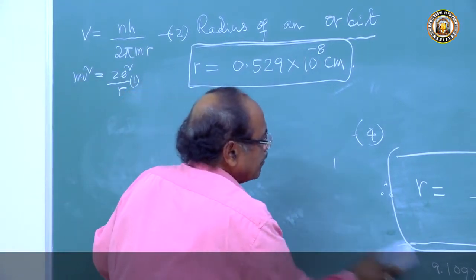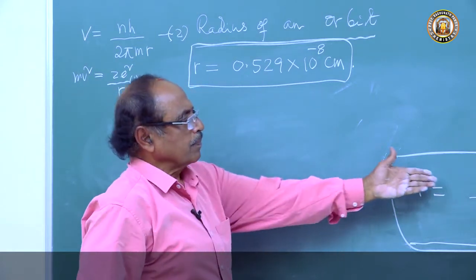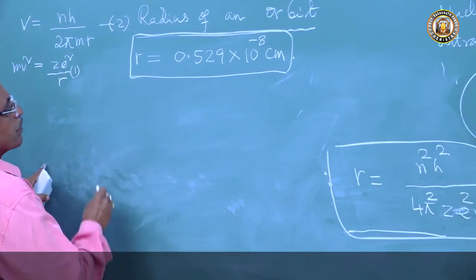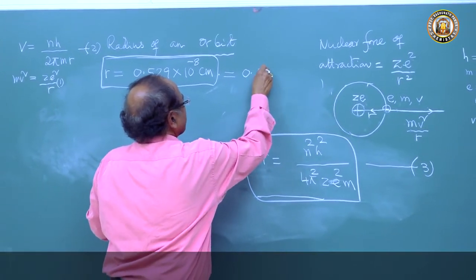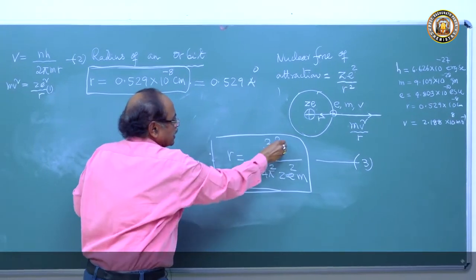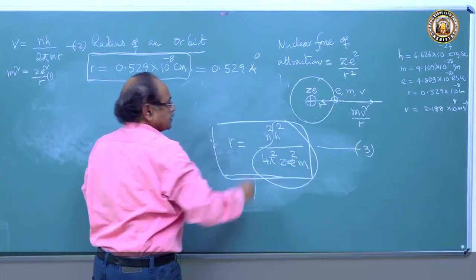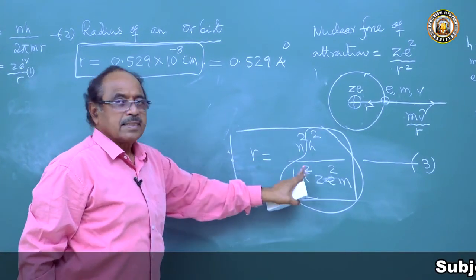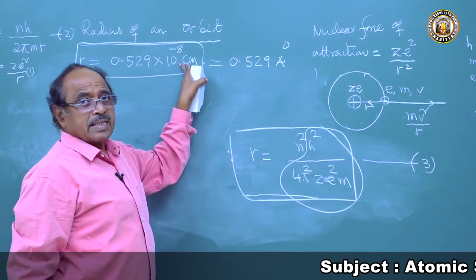So when you want to calculate the radius of any orbit, you can put the value and calculate from this equation. So he got 0.529 into 10 to the power minus 8 centimeter, or 0.529 angstrom unit. Children, this value is a constant.